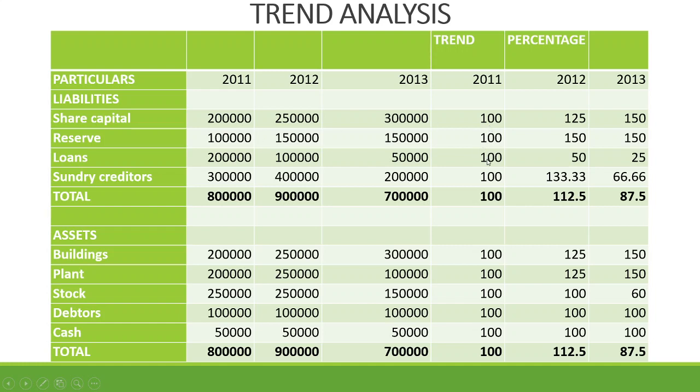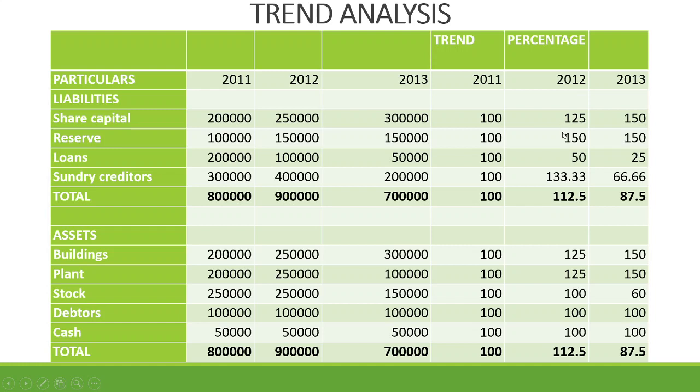Reserve is 100, loans 100, sundry creditors 100 and the total is 100. Similarly, the assets, buildings, plant, stock, debtors and cash, the percentage is 100 here because 2011 is the base year. Now comes the determination of trend percentages for the next year 2012.